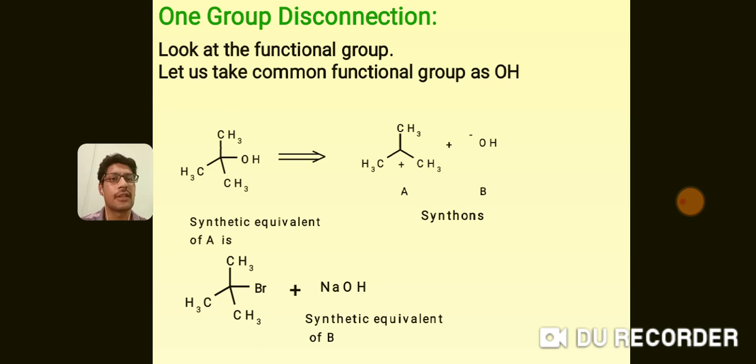So these are the synthetic equivalents for the preparation of the tertiary alcohol, that is, the synthesis of the tertiary alcohol from tertiary butyl bromide and sodium hydroxide. This is a simple nucleophilic substitution, that is the SN1 reaction, because it is a tertiary butyl bromide.